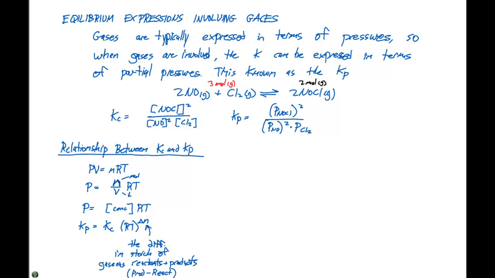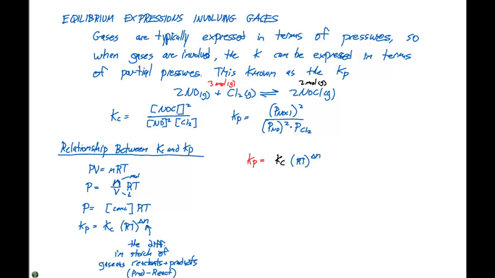All right, so the Kp is going to equal the Kc times the quantity RT to the delta n.